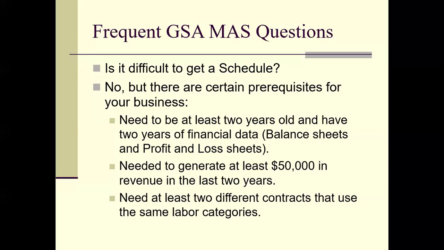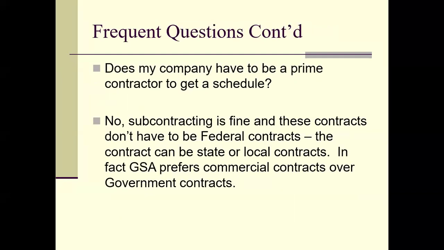You need those 2 different contracts because you have to write up project summaries, and you have to be able to support your labor categories, basically saying this is the average cost associated with that. If you have those 3 prerequisites, you'll be able to get onto the schedule and make those things happen. Next slide here, Greg.